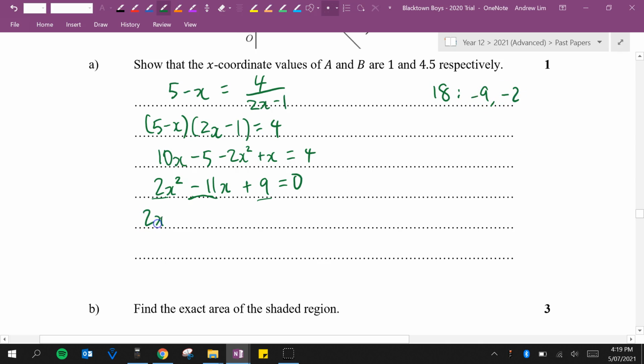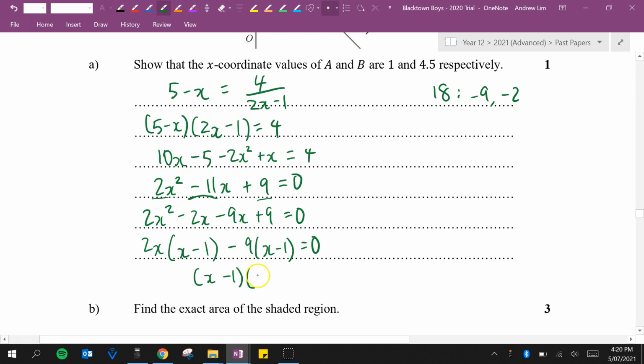So I'll have 2x squared minus 2x minus 9x plus 9 is equal to 0. 2x lots of x minus 1, minus 9 lots of x minus 1 is equal to 0. So x minus 1, 2x minus 9 is equal to 0. So we can say that x is equal to 1 and 9 over 2, or 4.5.